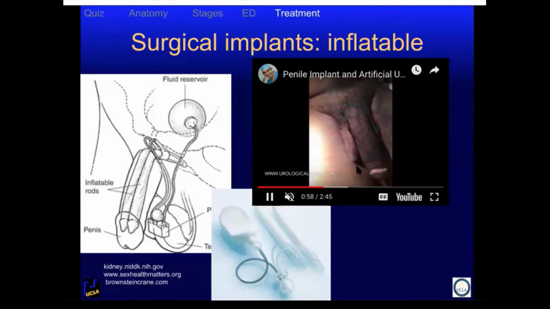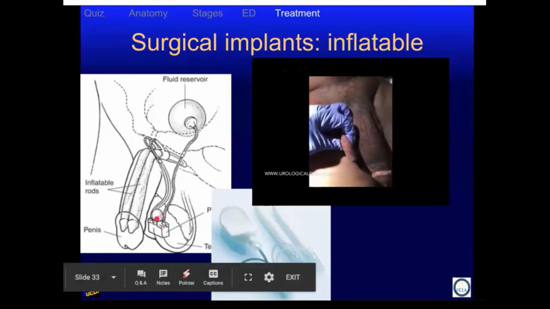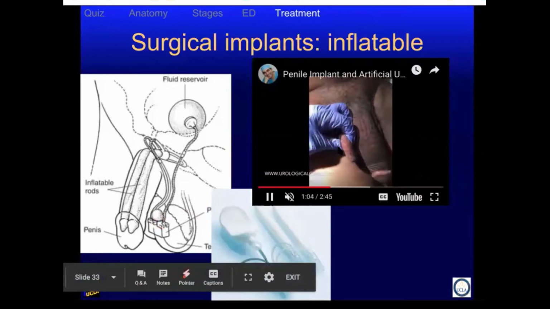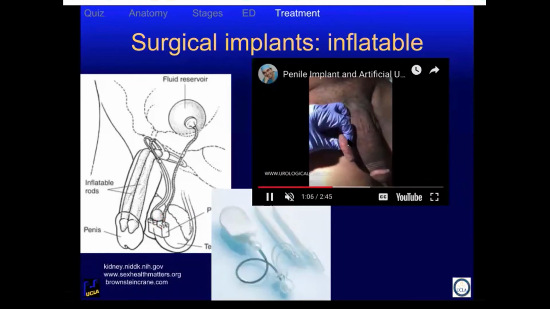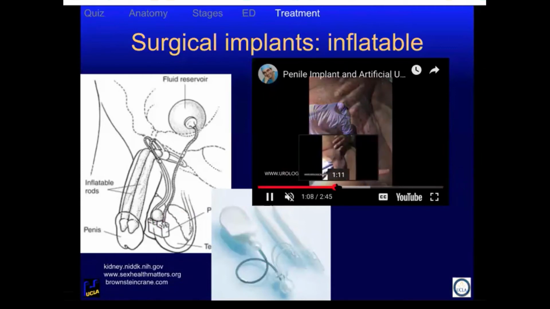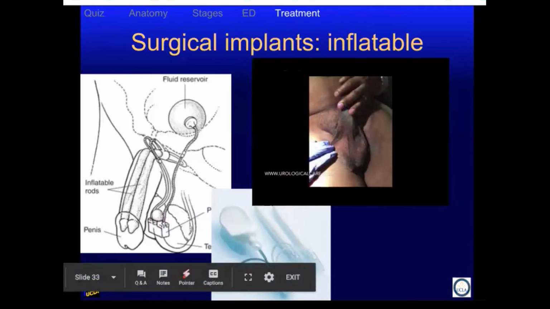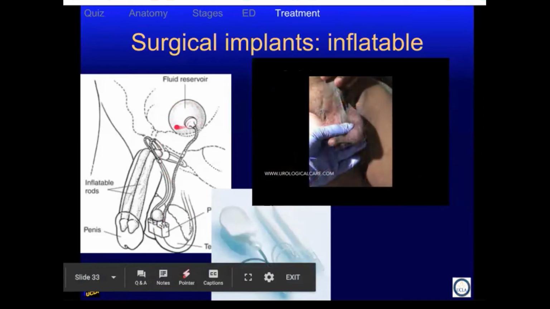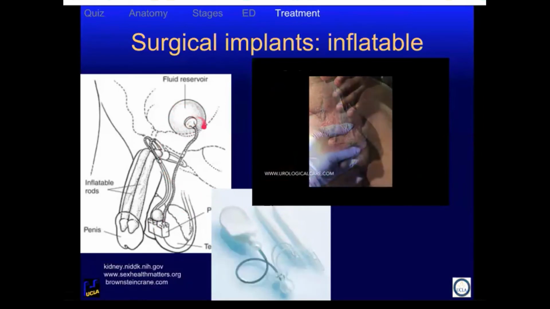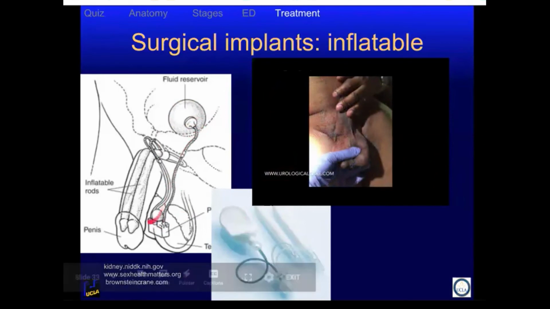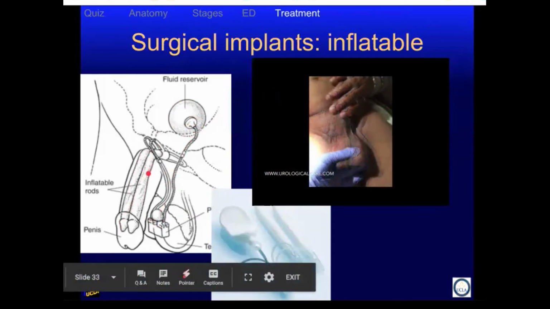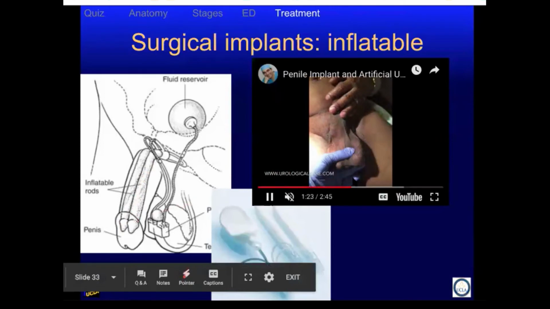Once it's placed, there's a pump. There's this little lever that the patient holds onto and pushes. As they push on that, it releases the water that's in the reservoir placed retropubically, and the water then goes into the rods, so it inflates them.